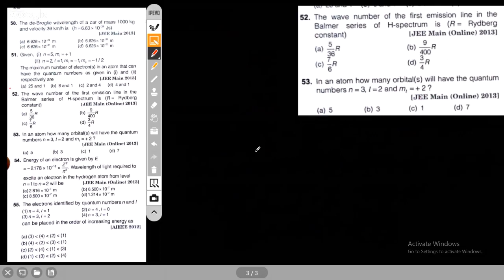Wave number is nothing but 1 by lambda, right? So option A is correct. All of you are getting it, that's why I'm not solving this. 53.